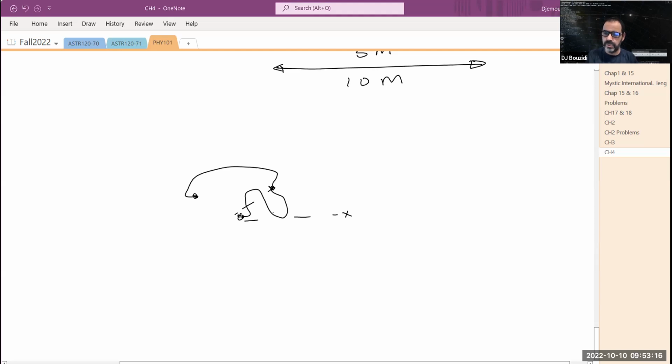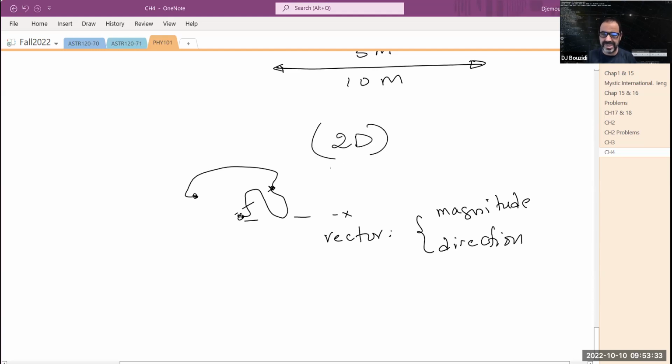So what we do in this case is use vectors. A vector has two quantities: a magnitude and direction. This is on a two-dimensional surface again. On a two-dimensional surface, it's still kind of easy, honestly, because we don't have another dimension to worry about.